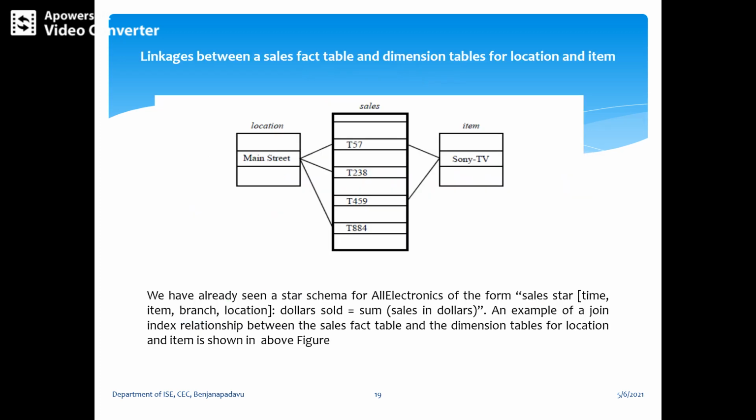So here is the linkage between a sales fact table and the dimension tables for location and item. Now, the main street here is the location. This is the central fact table: T57, T238, T459 and T884, item Sony TV.